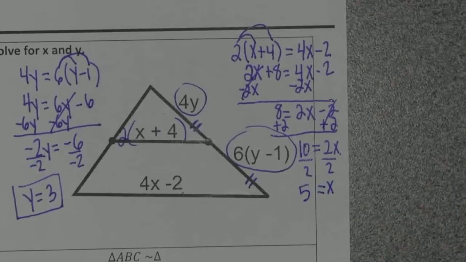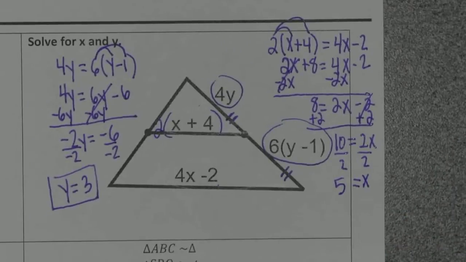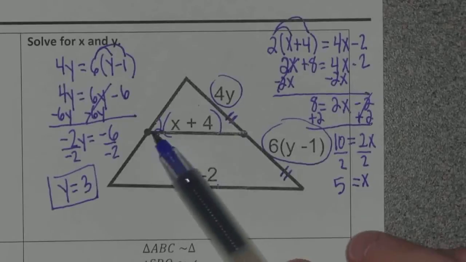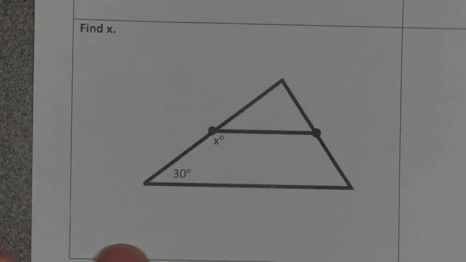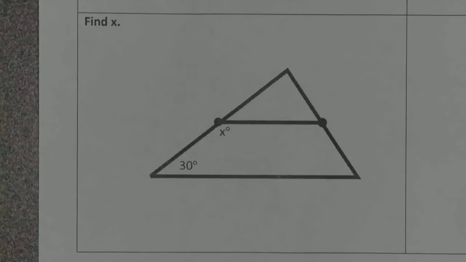That was a little bit of work, you're right. Okay, questions on how I solved for the x value there? So again, the rule for mid-segment says that the mid-segment is half the size of the side that it's parallel to. Okay? All right, this one is easy, so let's think about this for just a minute.